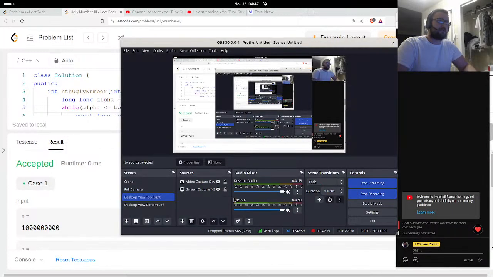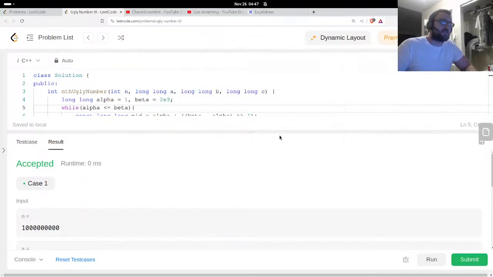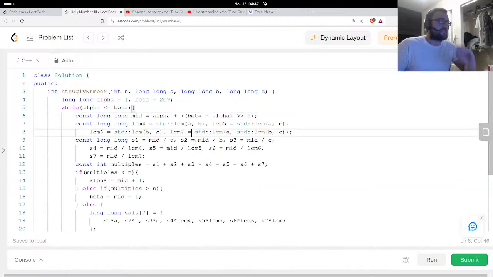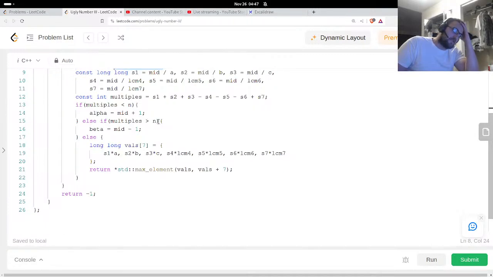That sucks. I didn't even think about that. That's such a hard thing to catch. The LCM is not going to fit in an integer. Didn't even occur to me that that could be a problem. I was so excited just to get this far.